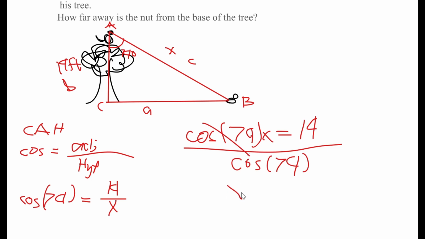Therefore, x is 14 over cos 74, which is equal to 50.79. So your hypotenuse is 50.79 feet.